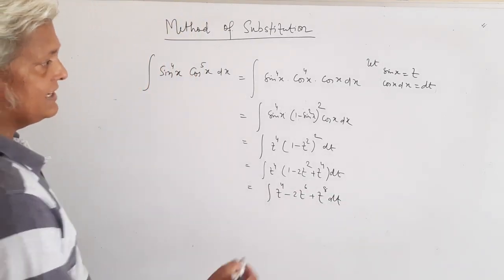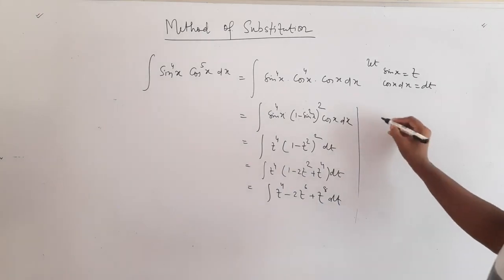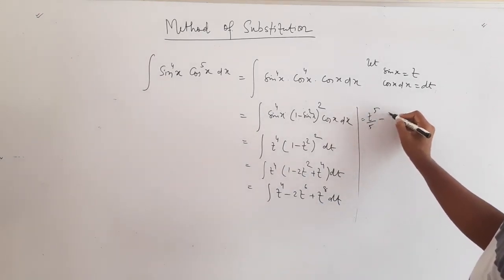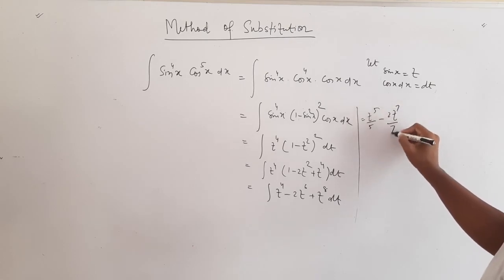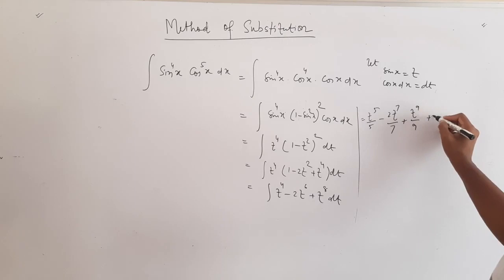And if I find the integration of these terms, then I'll have t to the power 5 over 5 minus 2t to the power 7 over 7 plus t to the power 9 over 9 plus c.